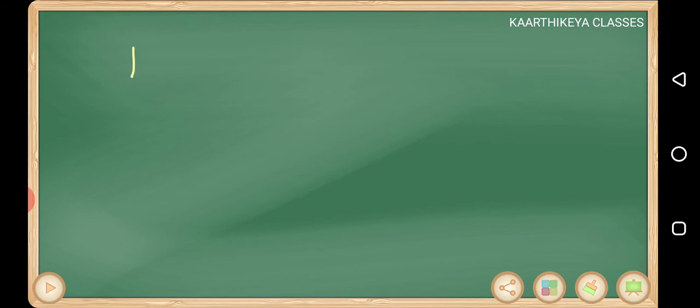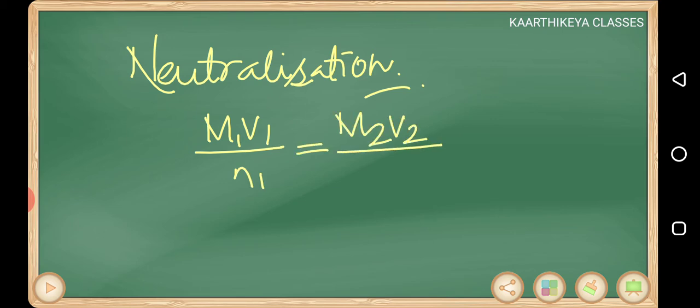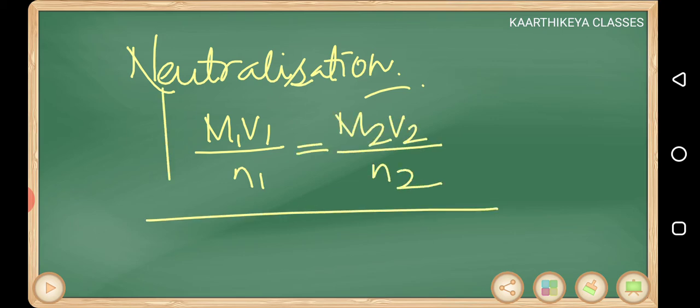Then neutralization law. Neutralization means an exact amount of acid or base reacting with another exact amount of acid or base. For this purpose, we use M1V1 by n1 is equal to M2V2 by n2, where n1 and n2 are the number of moles present in the stoichiometric equation, the number of moles of acid and the number of moles of base.